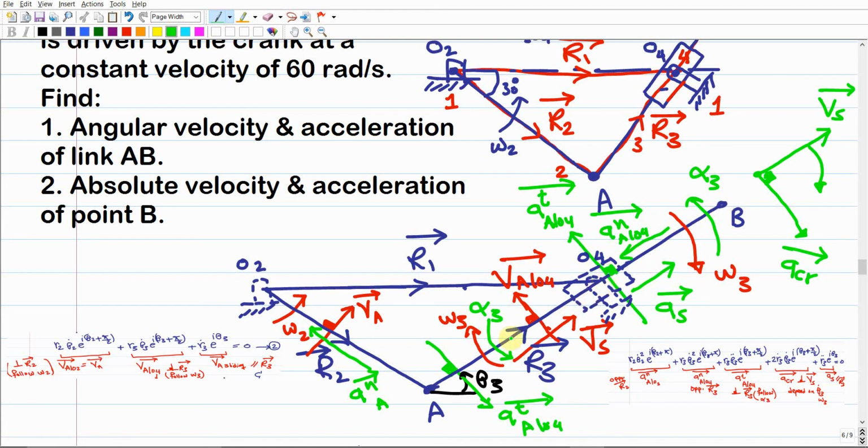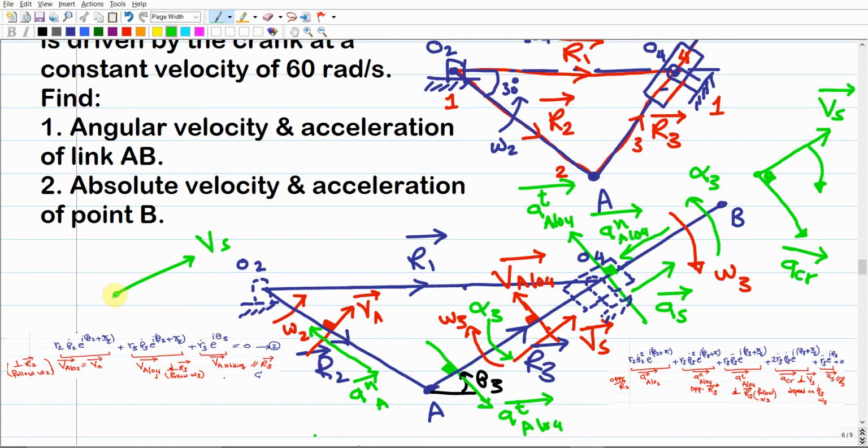But how about any point here? It should be in the opposite direction. Like here, I'm going to represent that this should be like the Vs, and this is the start point. For this direction, omega rotates in this direction.